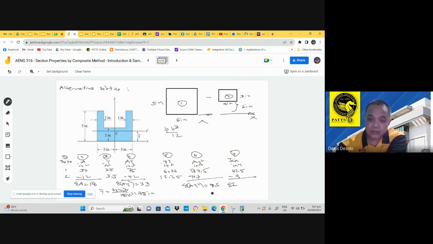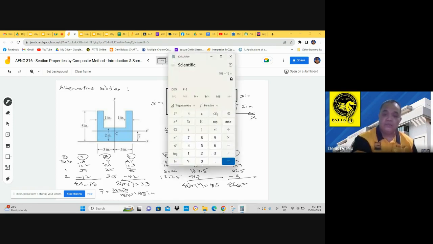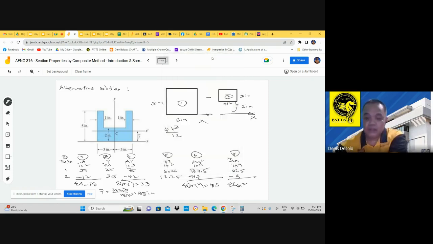Then you get the summation of I sub x. So that's 62.5 minus 9 equals 53.5.